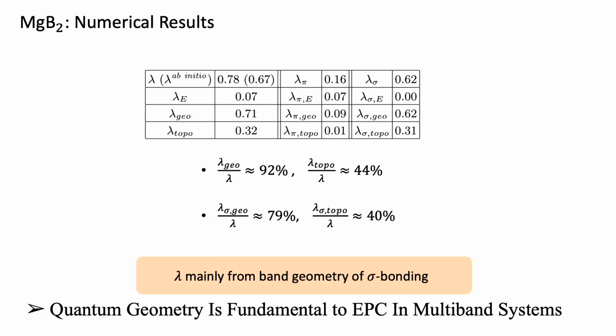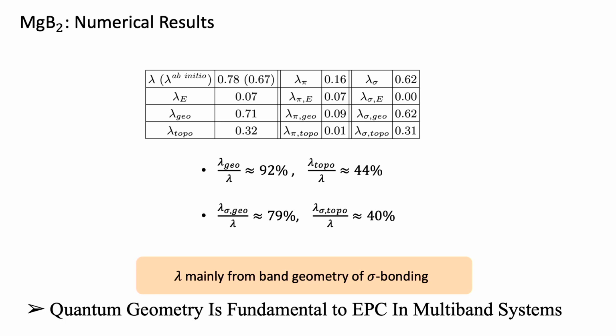Now I want you to look at the numbers for this one, though. For MgB2, something different than graphene happens. In graphene, the geometric part was basically half. In this one, the geometric part makes 92% of the entire lambda, in MgB2. Now, I want to make two very clear statements. I don't claim that quantum geometry will give you high Tc.